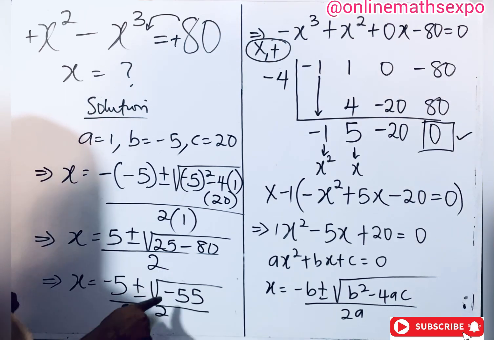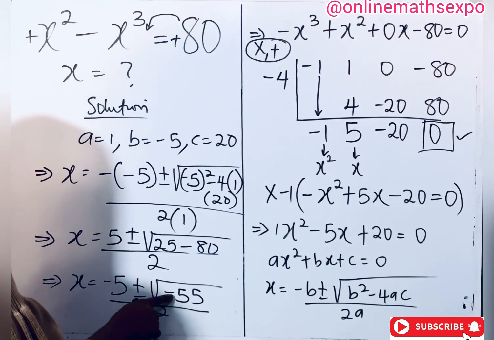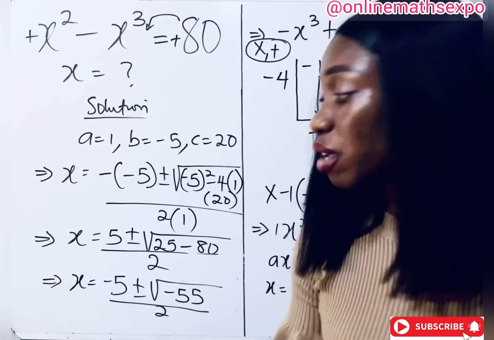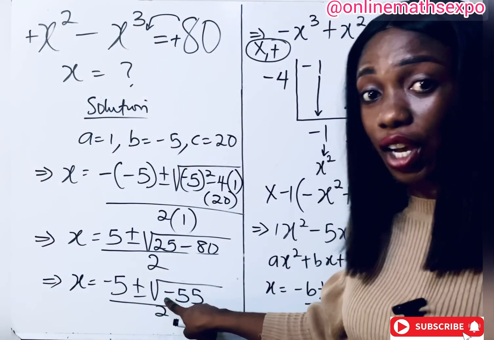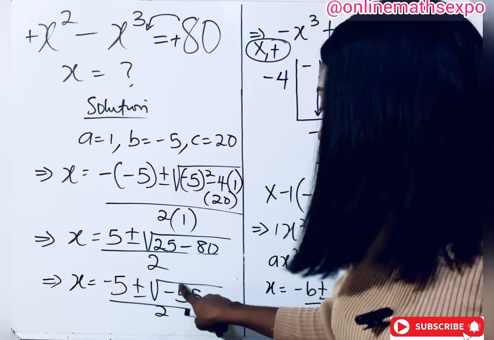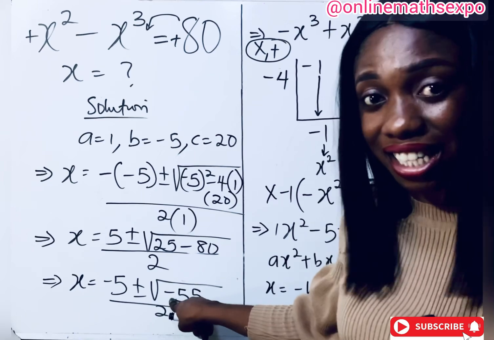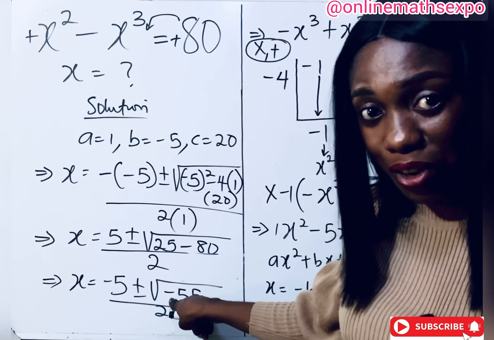Now, what did you observe? You observe that the value inside this root is having a negative sign. And what does it mean? It means this is going to give us a complex result, because there is no real number that will have a square root that contains a negative sign inside it. I hope that is clear.